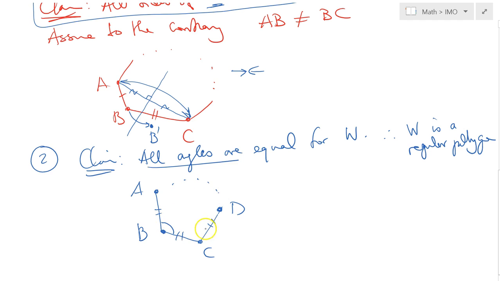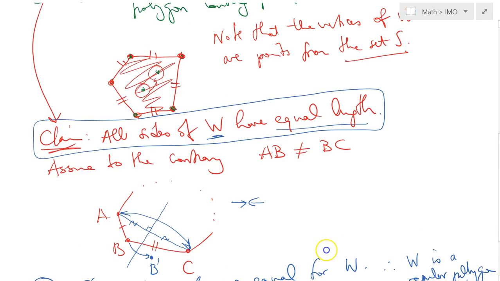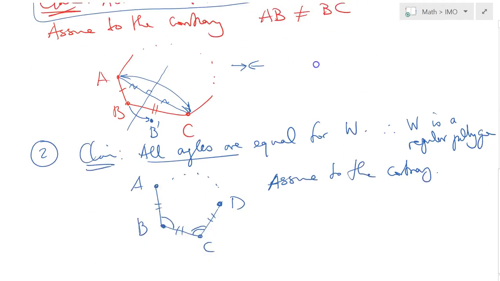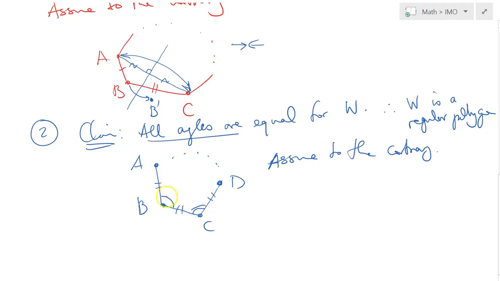However, let's assume to the contrary that the angles don't agree, and as a result I would like to show a contradiction that would violate again the definition of W. Assume to the contrary that angle ABC is greater than angle BCD.